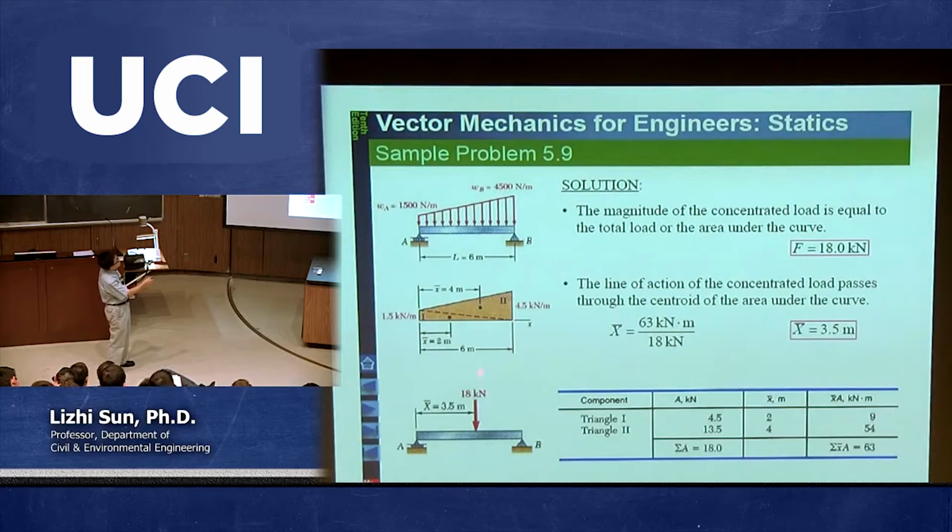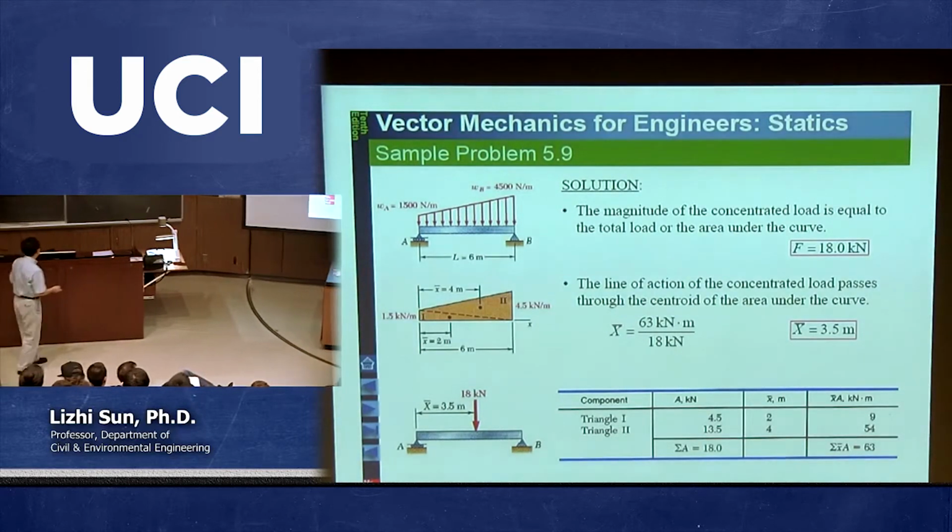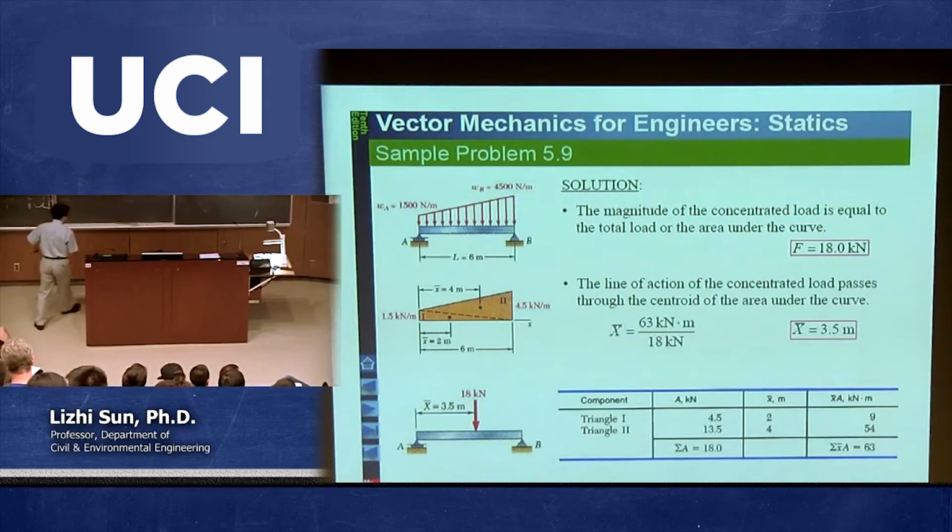Finally, this distributed load is equivalent to a concentrated load somewhere. The magnitude of the concentrated load is the area of this one, and the location, x bar, is the centroid. So that's the application of the centroid concept for solving beam problems in terms of reactions. So this is chapter 5.